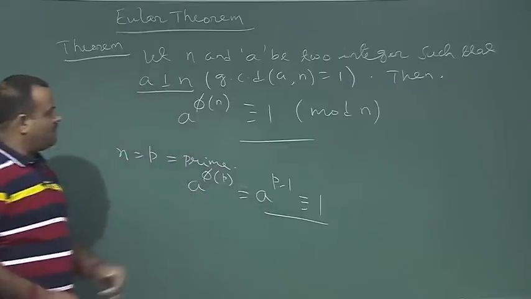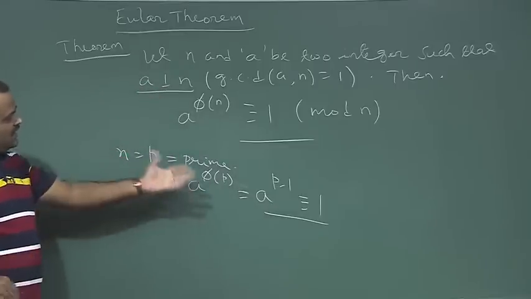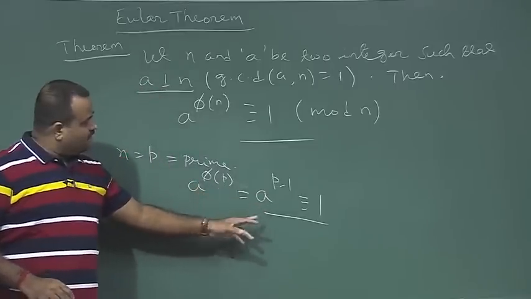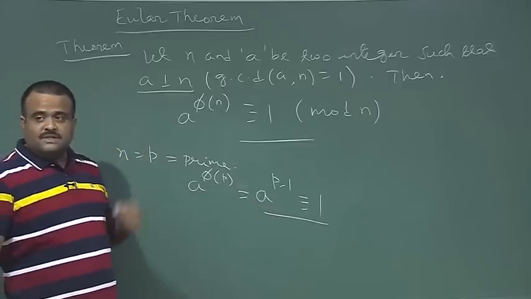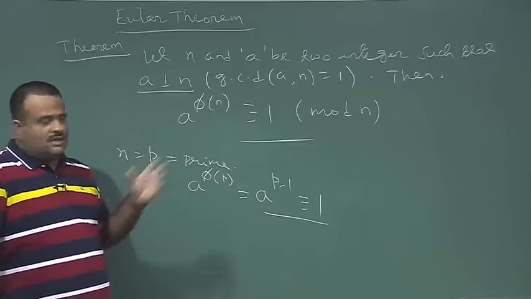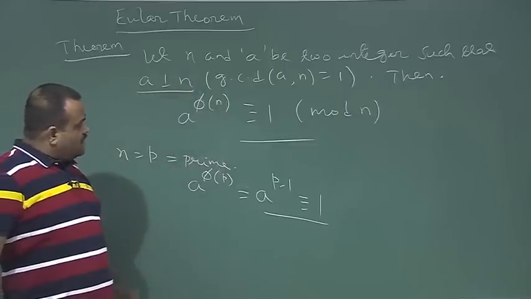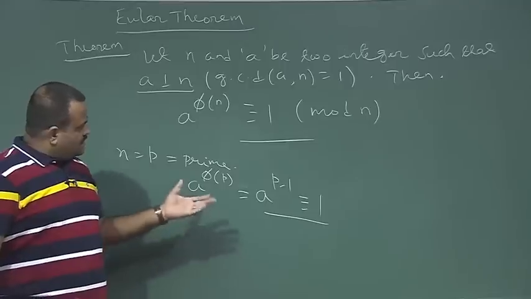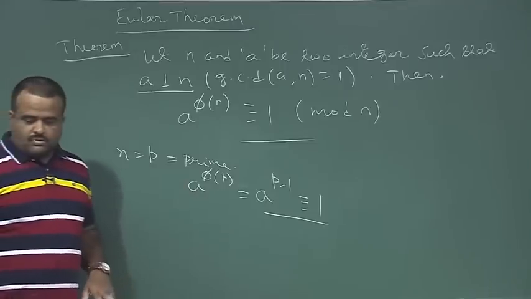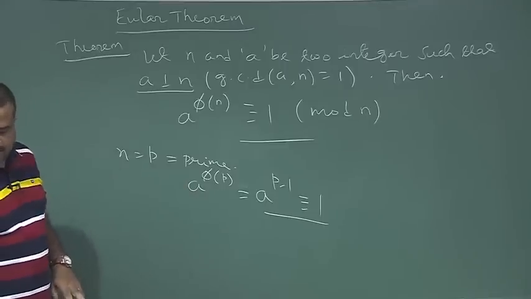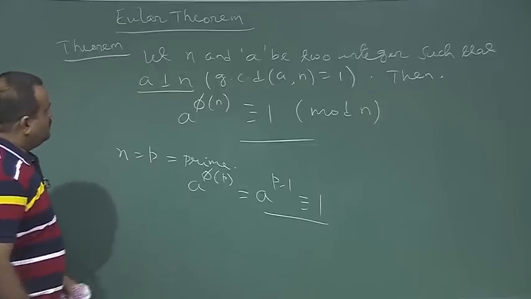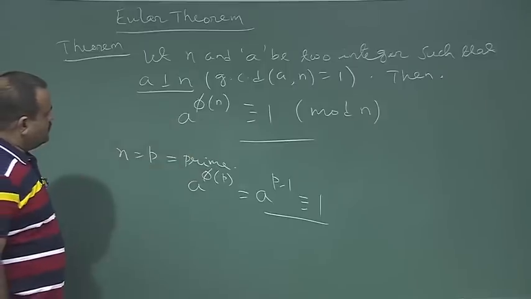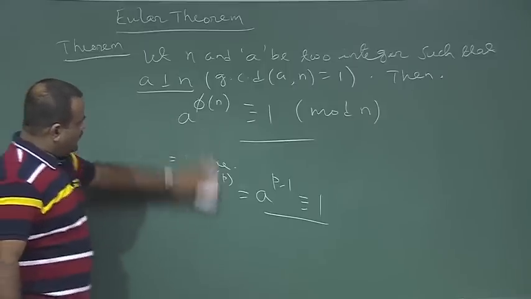This is coming from Fermat's Little theorem. Fermat's Little theorem is a particular case of Euler's theorem, but it was invented before Euler's result came into the literature. So, we are going to prove it in a general way, that a to the power phi(n) is congruent to 1 mod n.